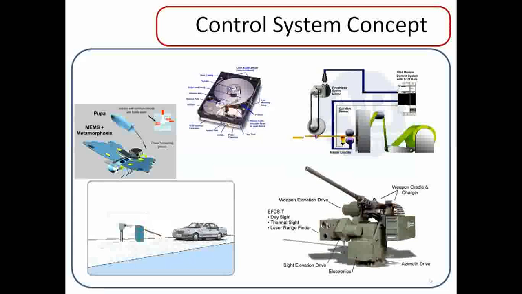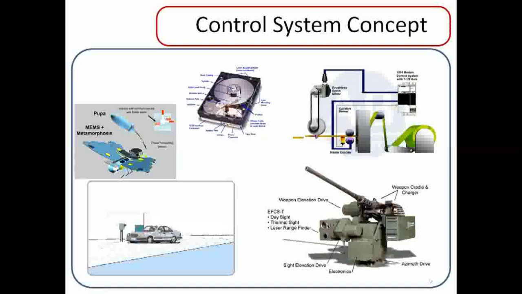So we have two different types of control systems: one is the open loop control system, and the other is the closed loop control system, as we discussed in the previous class in the introduction of this mechatronic system. The main difference between these two is that the open loop control system doesn't have feedback alignment, and the closed loop system will have feedback alignment.